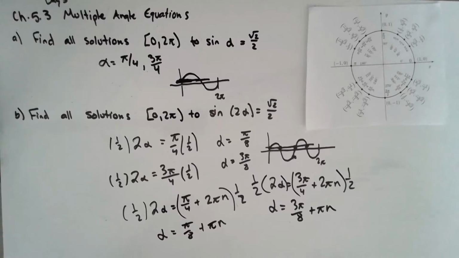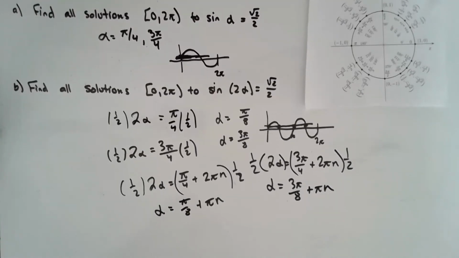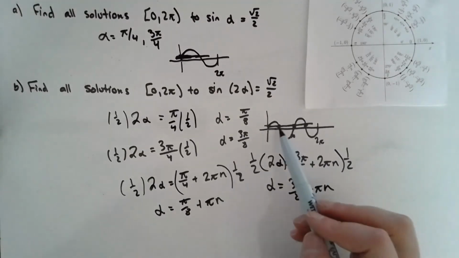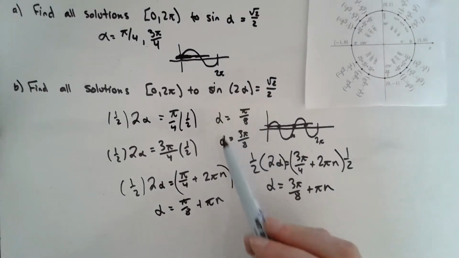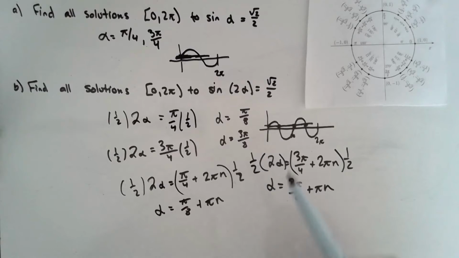So with this, I can now go ahead and find those ones that I'm missing, because there's 4. I've only got 2. I know these 2 are correct, but there's 2 others. If I took pi eighths and I added pi, that's like pi over 1, which means if I had pi eighths plus 8 pi eighths, that's the same thing as adding pi, I'd get 9 pi eighths.